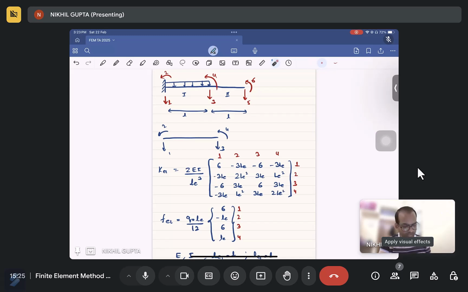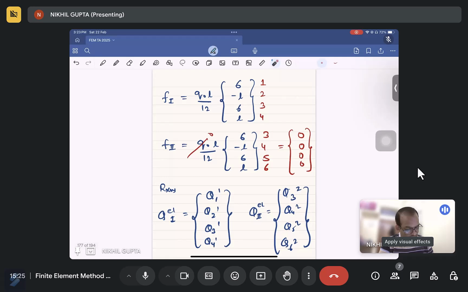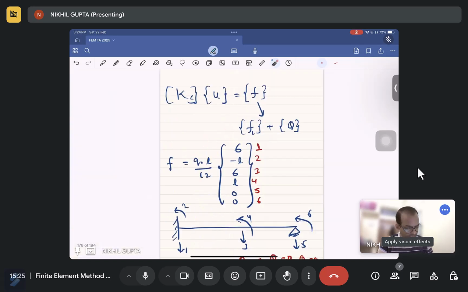Okay, reaction forces. Even if there is an applied load, the applied load we are calculating in this F. Yeah, there we calculate the UDL, yes. If I have a point load, then I have one more question, we'll discuss that there.